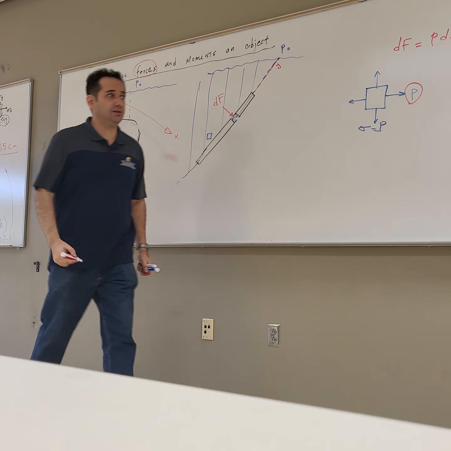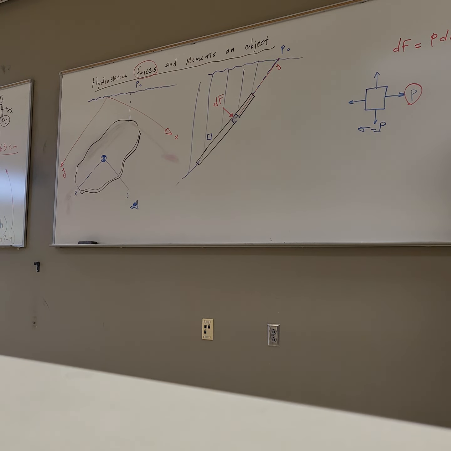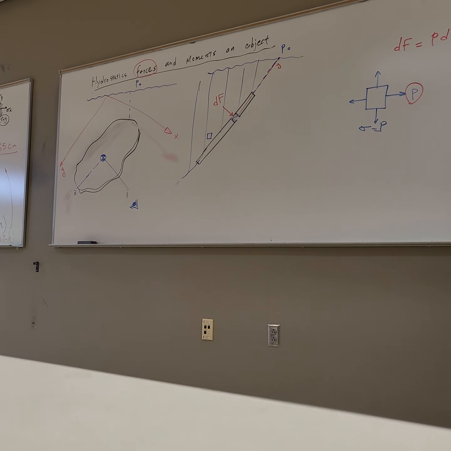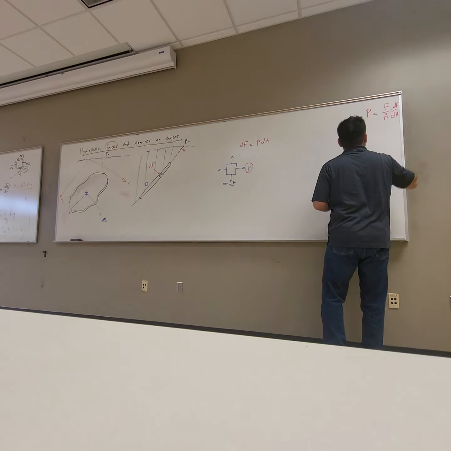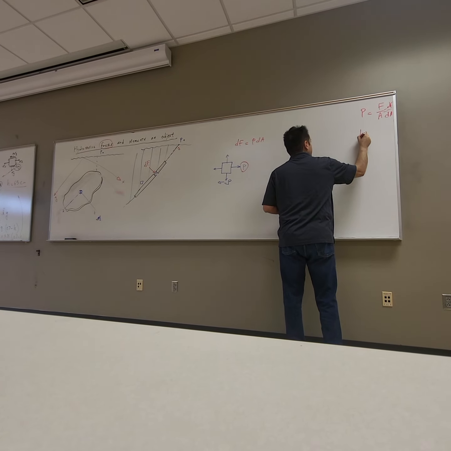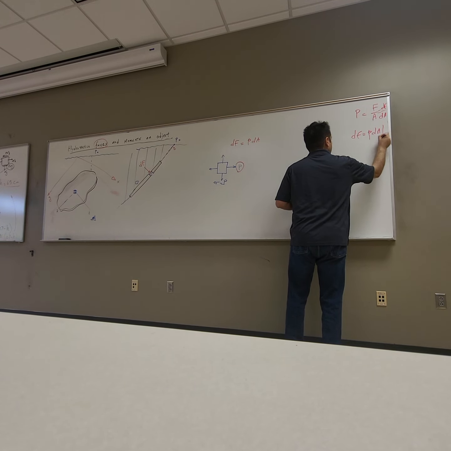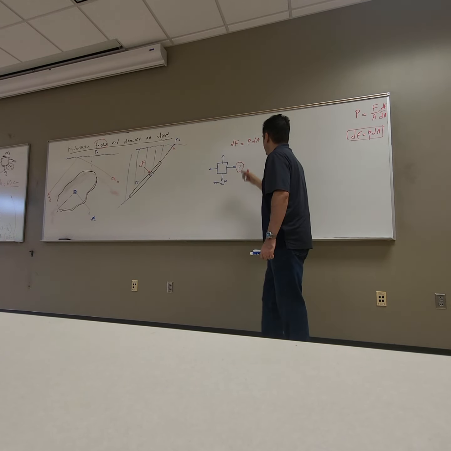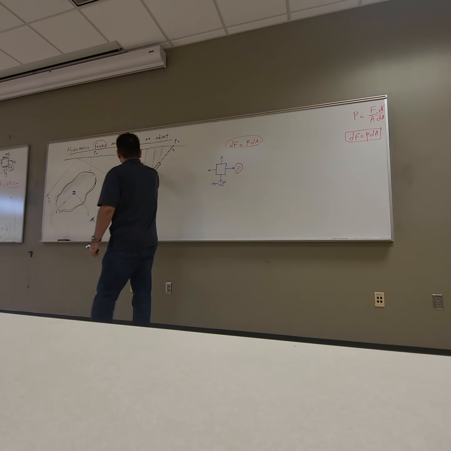Why? Well, what's the definition of pressure? Pressure is force divided by area. If you shrink your area to an infinitesimal dA, then you get dF over dA, right? Then you solve for dF, which is equal to P times dA. That comes from there. So that's my equation for dF.